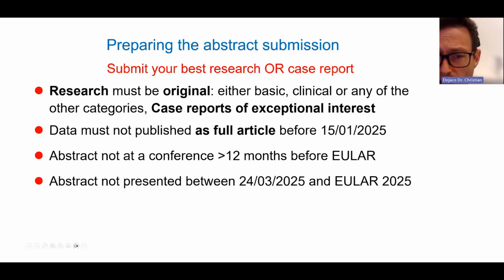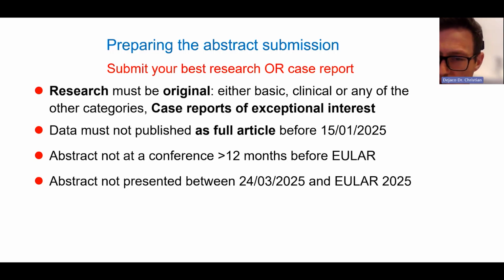And then we have an embargo. After the acceptance notifications go out, which will be around the 24th of March 2025, the abstracts cannot be presented elsewhere. Every abstract that has been presented at a conference between June 2024 and March 2025 is not a problem.